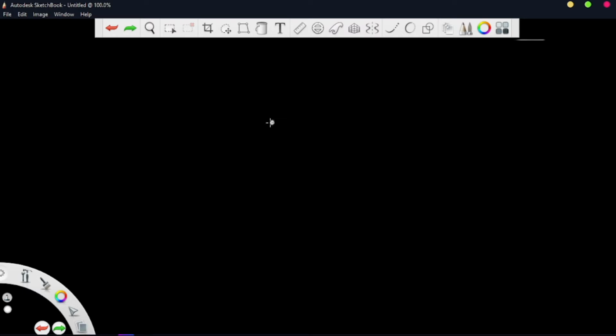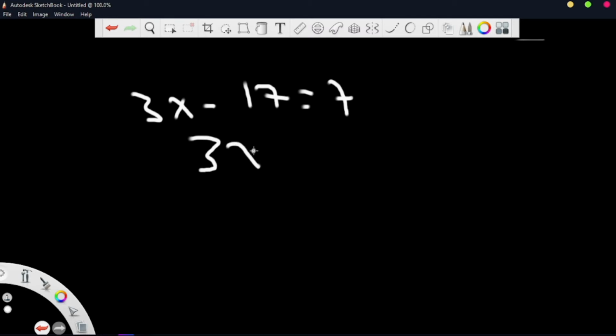Now let's say we have been given 3x minus 17 is equal to 7. If I want to solve this one, I'm going to keep my 3x, and then say 7, and this 17 has a minus sign, so when it crosses that side it now has a plus sign.